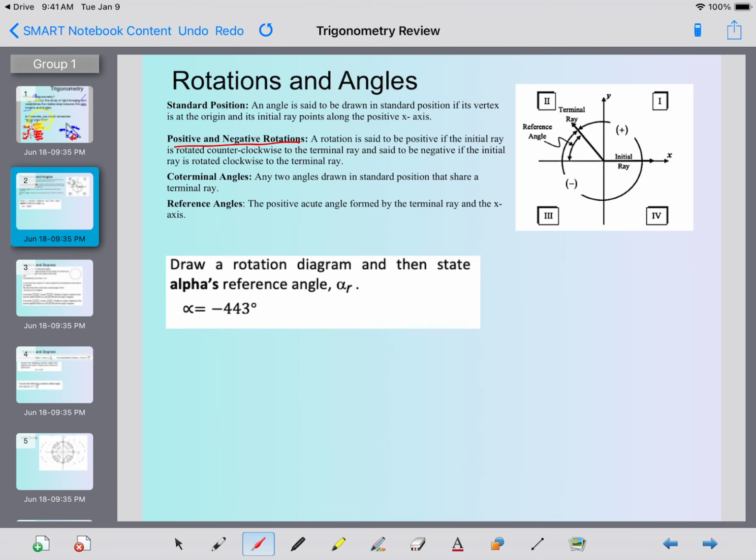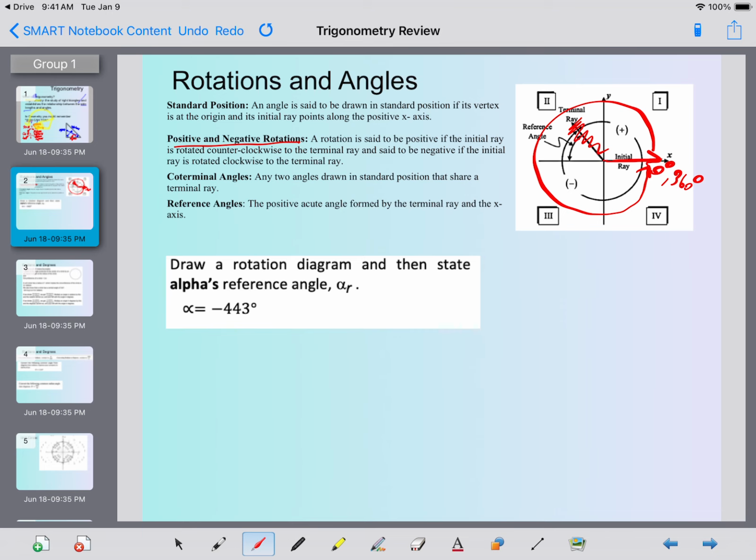Coterminal angles. So this angle here, let's say we were at 0 degrees, not the angle that's drawn. Let's say the angle was at 0 degrees. How many degrees would I have to go before I got back to that point? You would have to go 360 degrees. So, is 0 degrees equal to 360 degrees? No. One angle went a full rotation around and one didn't move at all, right? 360 degrees is bigger than 0 degrees.